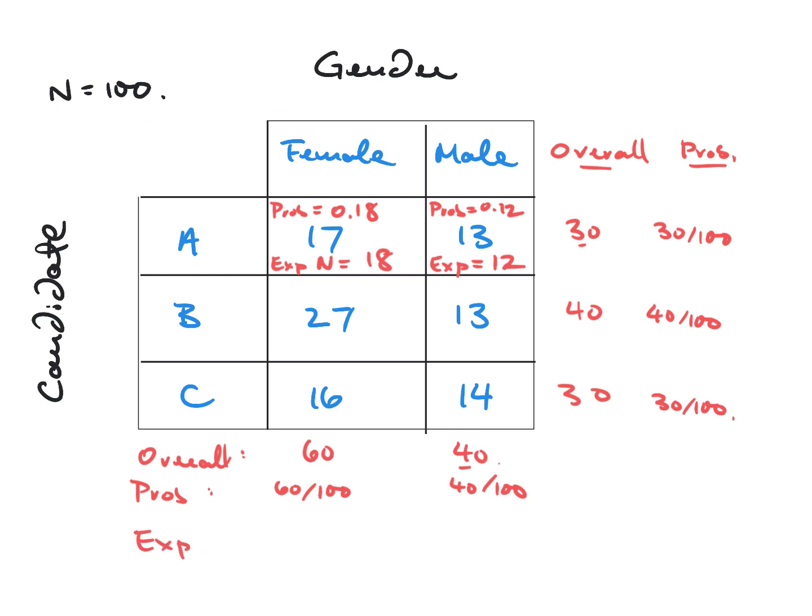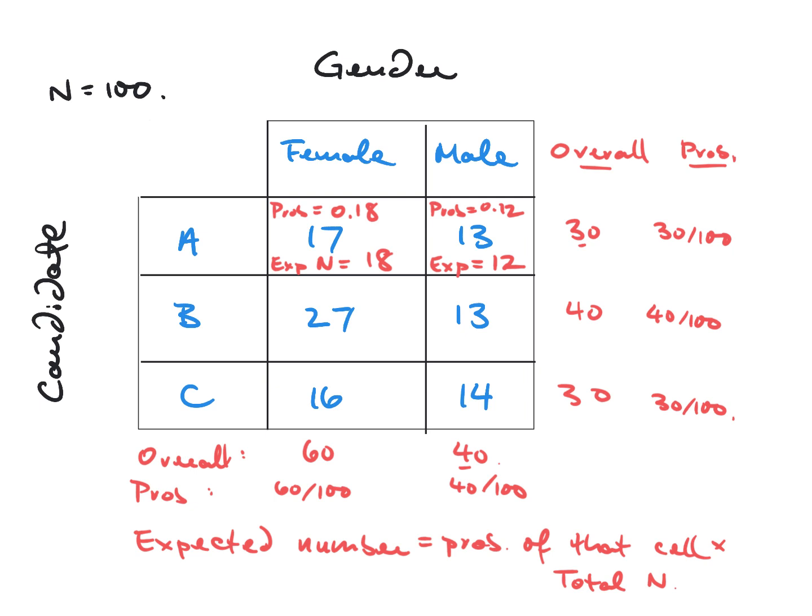Okay, multiply the probability, I'll write that down. The expected number is the probability of that cell times the total number, right? We have a total of 100, so we multiply the probabilities by 100.